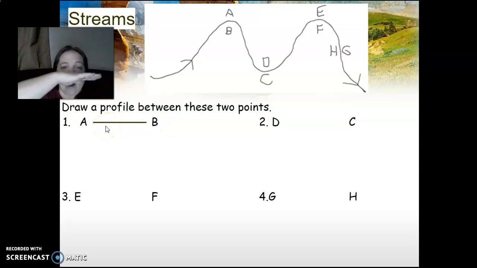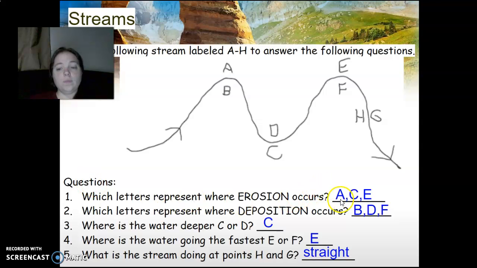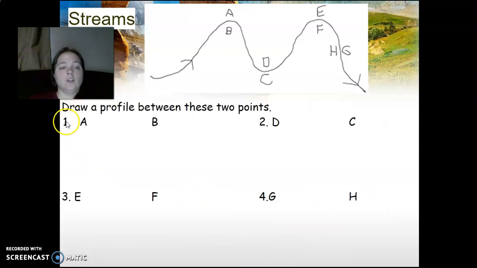And then I have to figure out what side is going to be deepest. Well, we already said the erosional side, and the erosional side is ACE. So A is going to be deeper than B. So when I draw it, I'm going to draw it like this or something similar to that. That was the best I could do.